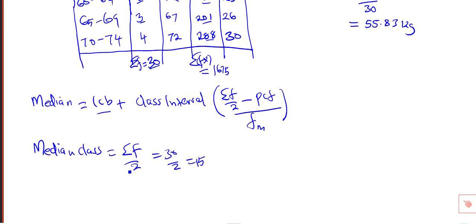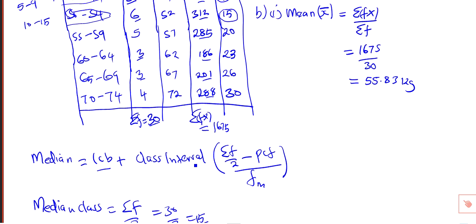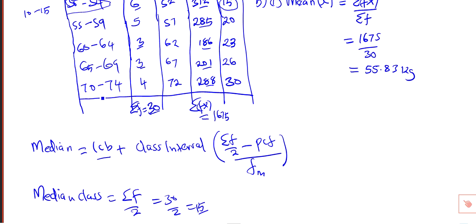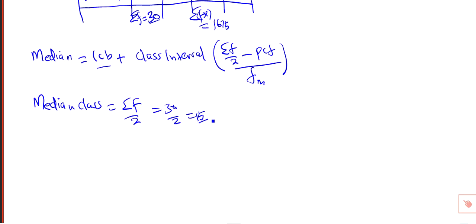Our median here was 15, so it means that the median class is 50 to 54, because these are values ranging from 10 to 15. So the class 50 to 54 is our median class.